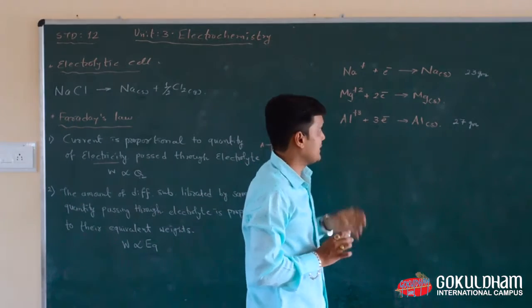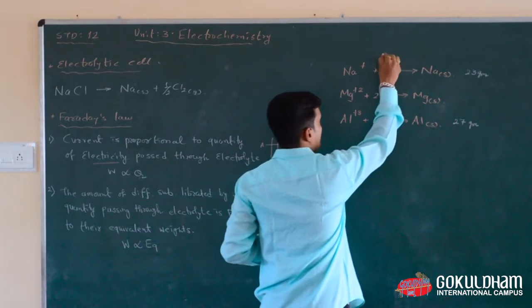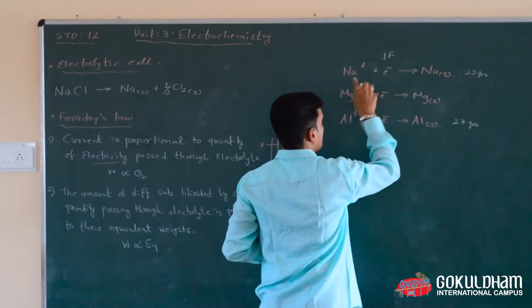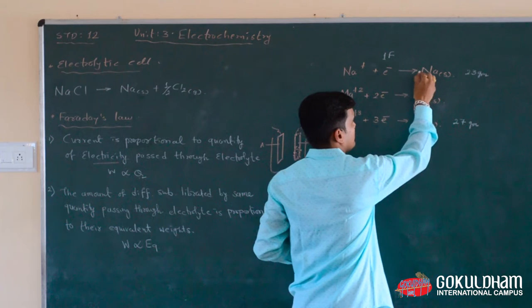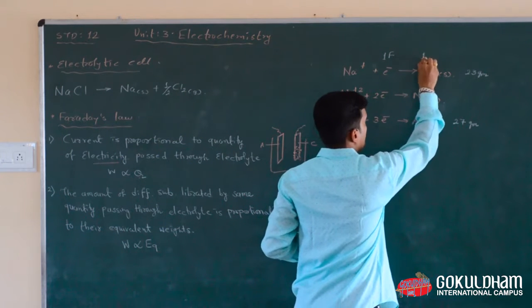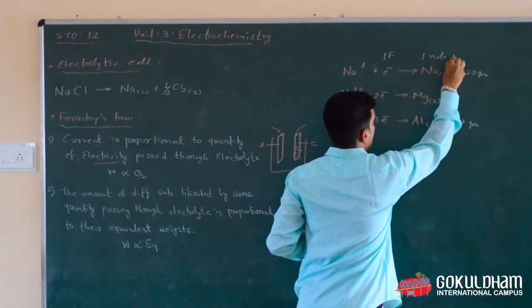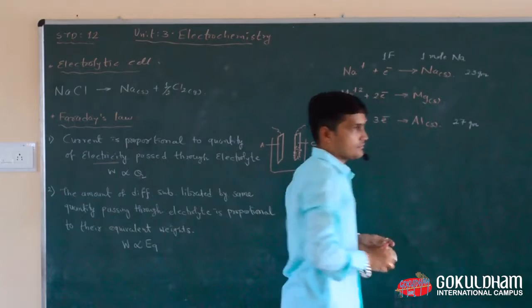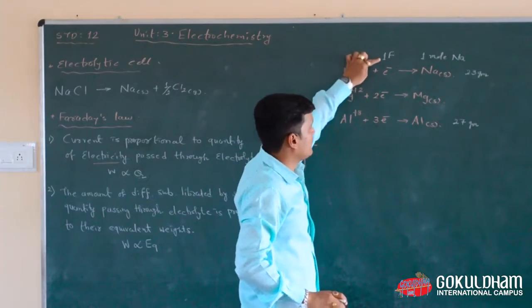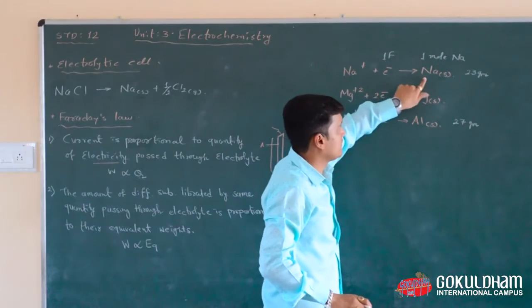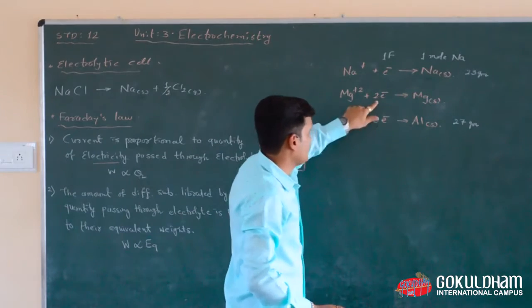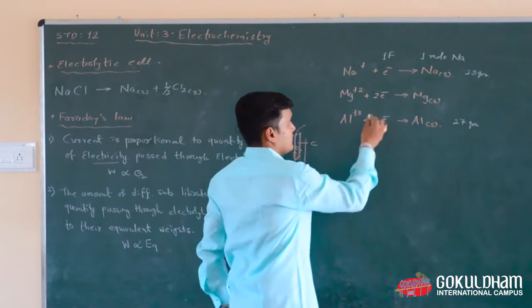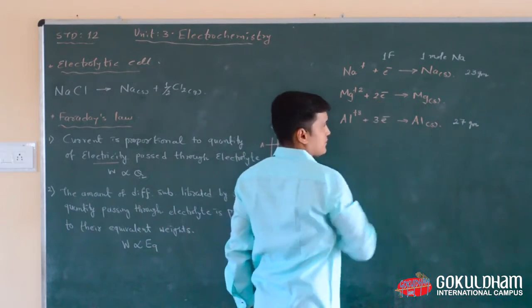If we apply 1 Faraday to this Na+ ion, then you will get a total of 1 mole of Na. 1 Faraday will give totally 1 mole of Na. But in the second case, there are 2 electrons.